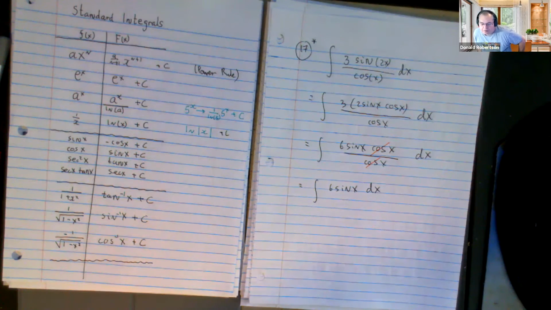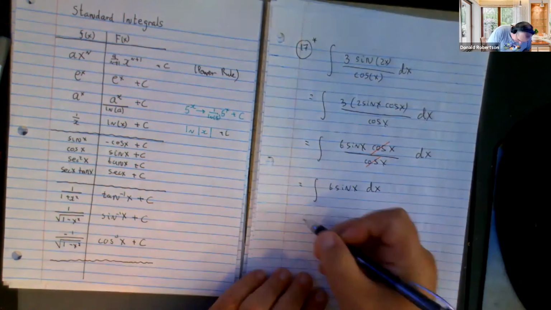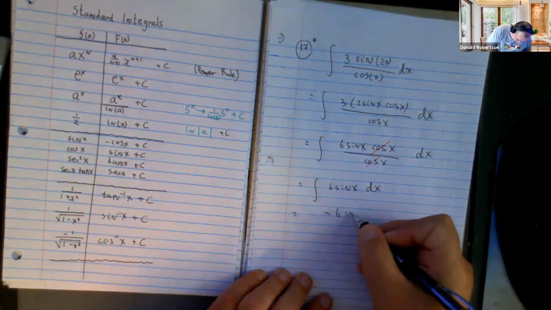If you think back to trig, you did not probably as much as we'd like, but there's only so much you can do, of taking trig expressions and simplifying them, or proving identities was another way that they sometimes did this. Do you see how useful it is to have that as a skill, that you can take trig and manipulate it and change it and make it nicer? Because that integrand is 6 sine x, whose antiderivative is -6 cosine x.